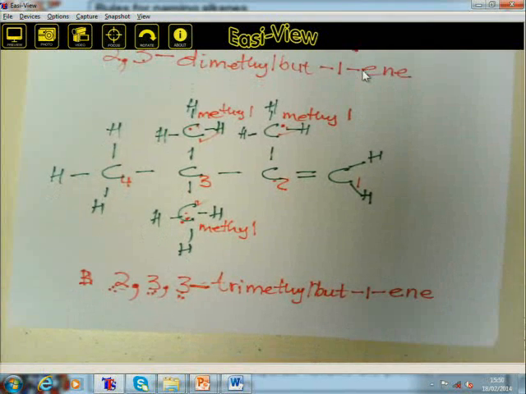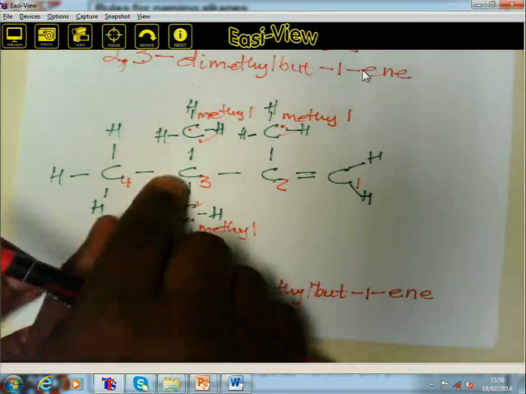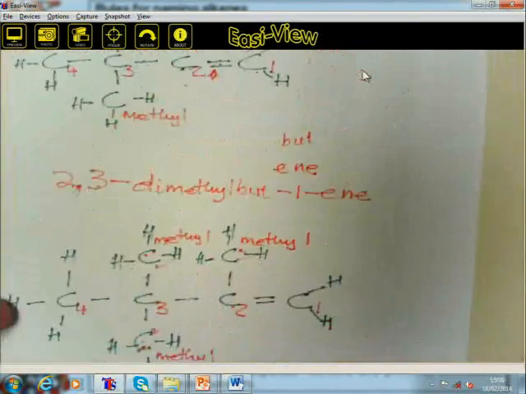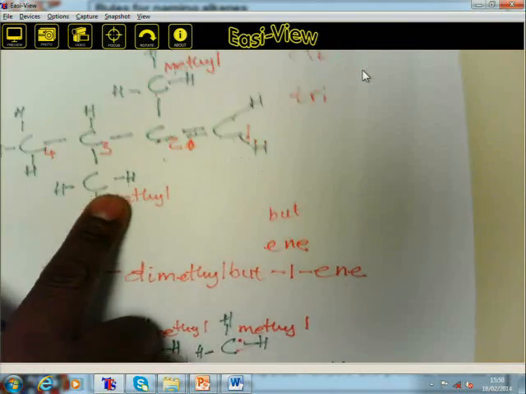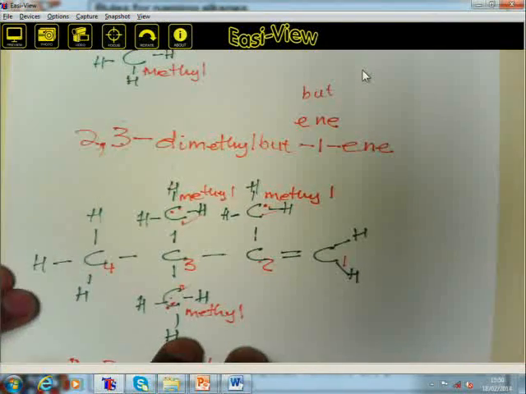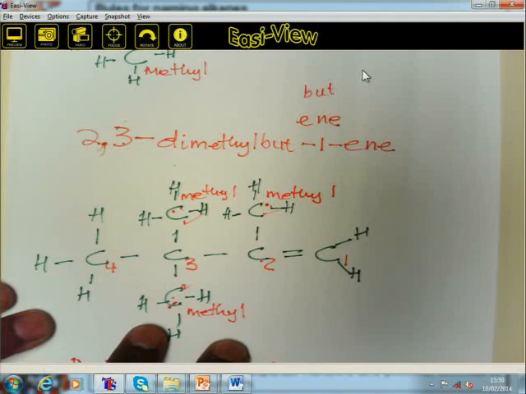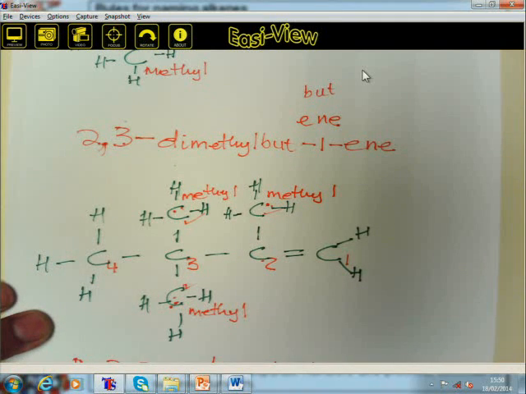So here we've got 2,3,3-trimethylbut-1-ene. So I've shown you, when we've got 2 or 3 identical substituents, how to number and name the compound.